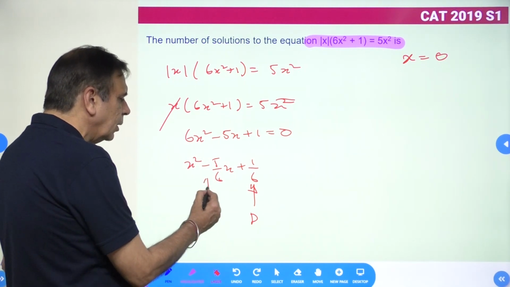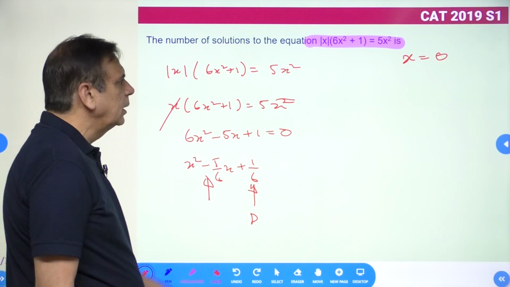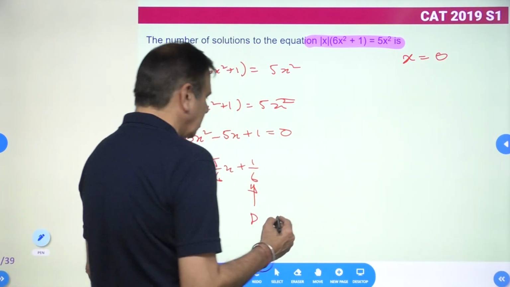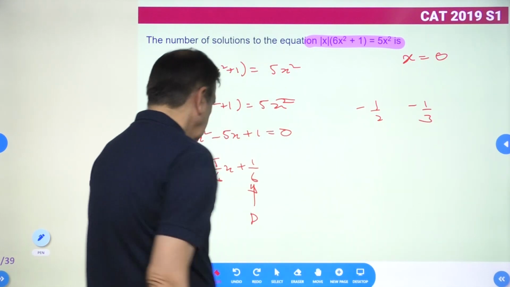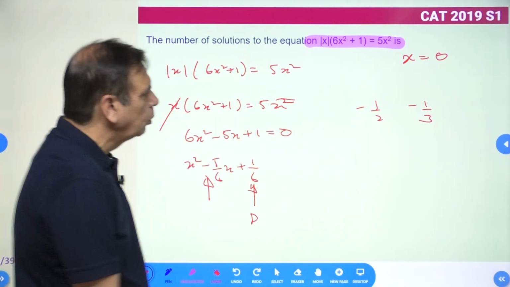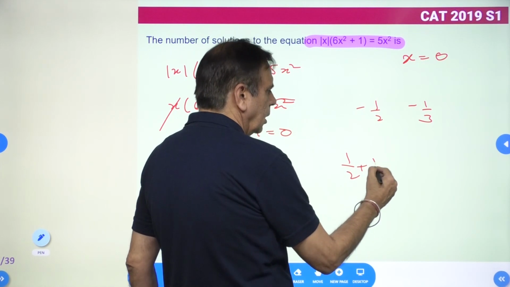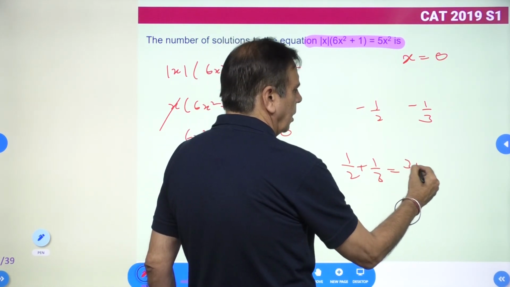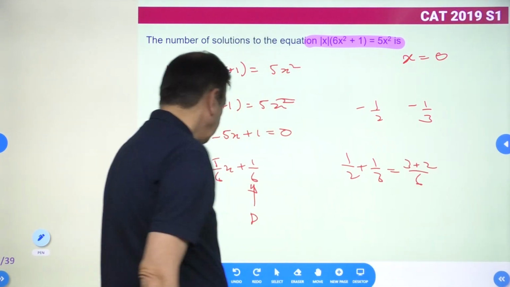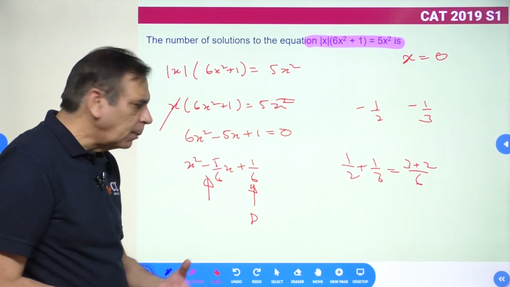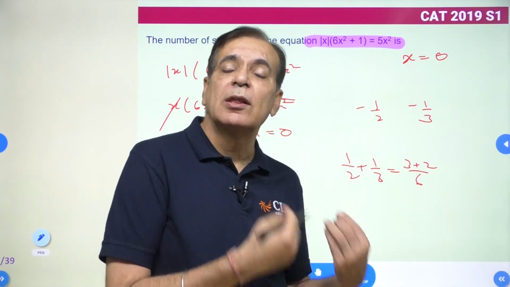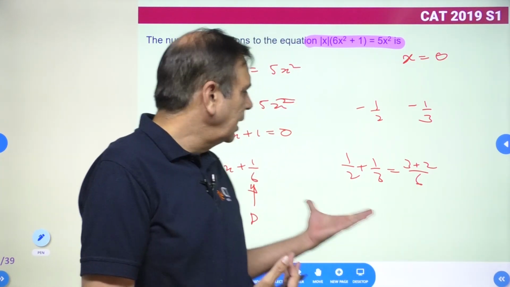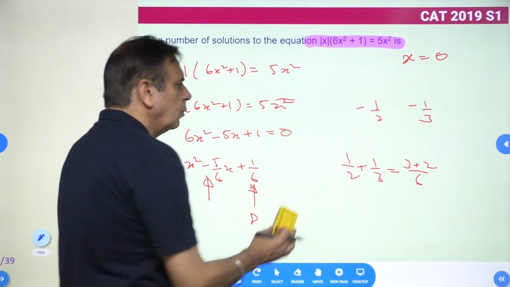Because the product is negative, we want this to be negative. So I will start by saying in this case 1 by 2 and 1 by 3 are what I could look at. And what is 1 by 2 plus 1 by 3? 5 by 6. So if you are comfortable with numbers, you end up saving a lot of time, which is why I have always maintained that squares, cubes, reciprocals should be on your tips. In such a situation, they become very, very useful.